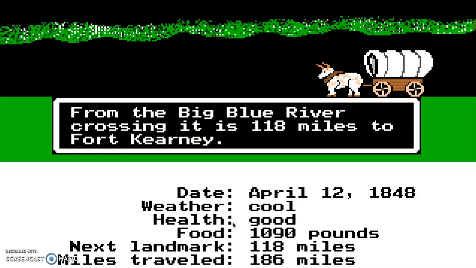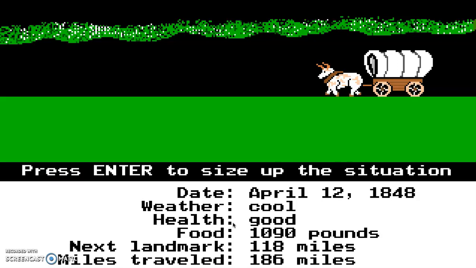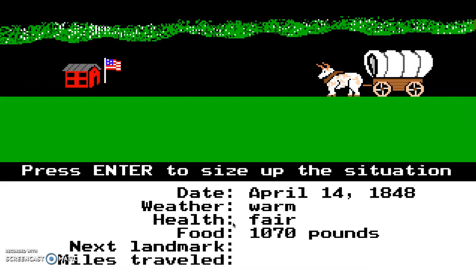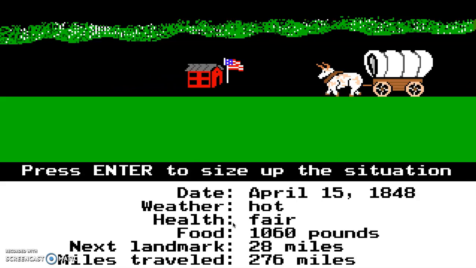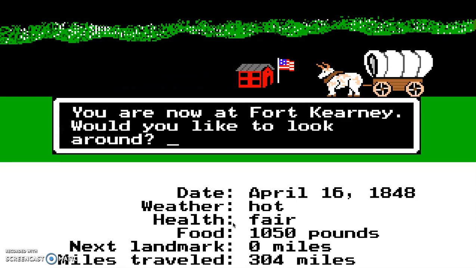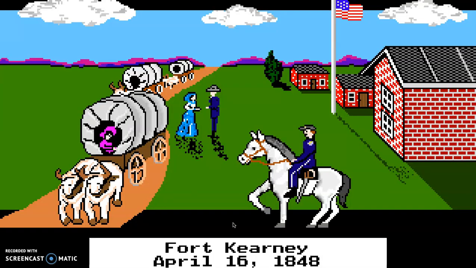Okay. Now, as you keep going, you will find more information. At the bottom, it gives you your instructions. You have to keep an eye on your food as it goes down, because every day traveled, your food goes down. Ooh, it looks like we're coming up on a fort. Yeah, I'd like to look at the fort.